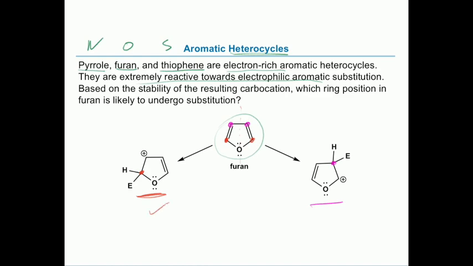And you can look at it a couple of ways. One way might be, oh, look, I've got an oxygen immediately next to this center, so I've got a very electronegative atom next to a carbon plus, which may be disfavored. It actually comes down to the resonance structures.